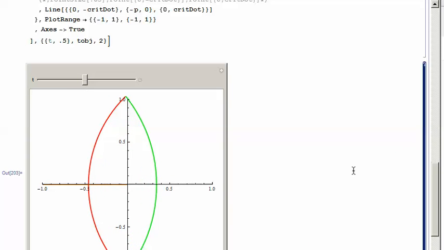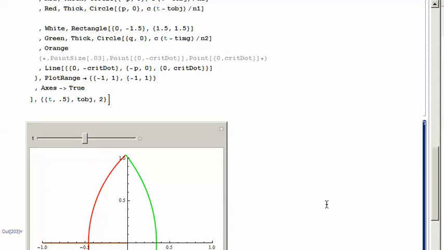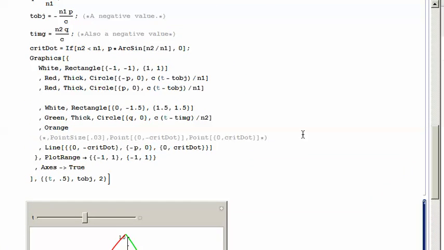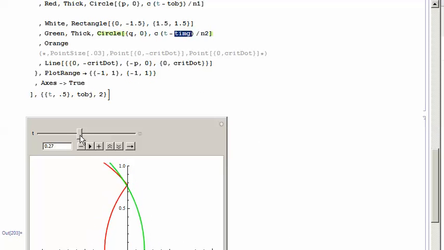To get them to meet there in the center, I had to do some calculations to figure out the object time and the image time, making it so that the light first struck the wall at t equals 0, and then all of the wavefronts meet up at that point.